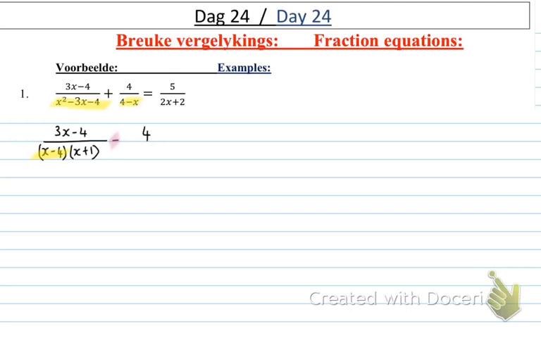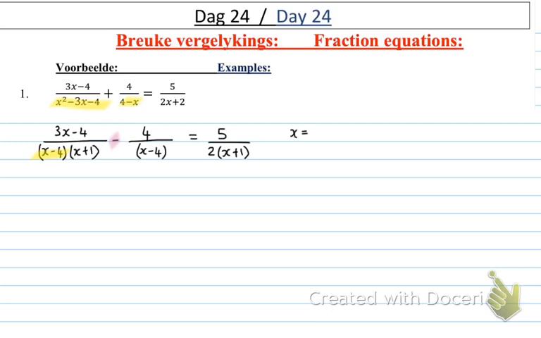So when I change the sign from positive to negative, then I can switch them around, if you remember. Okay, so I switch them around and I get x minus 4. And then on the other side I'm going to take out a common factor of 2 and I'm left with x plus 1. Okay, now I need to find an LCD.